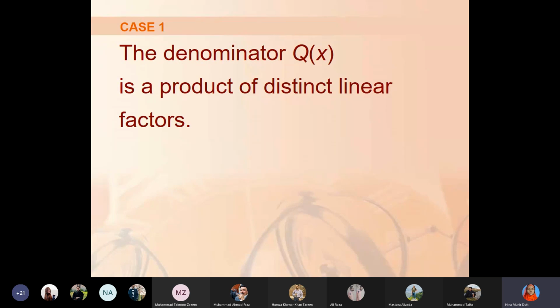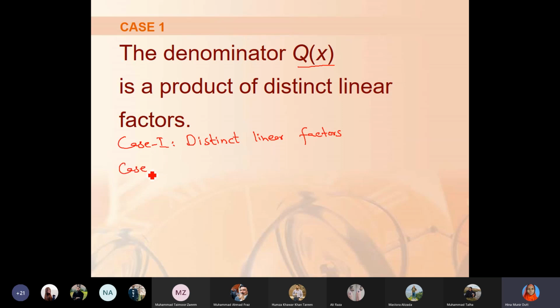So there are 4 cases of the factorization of the denominator q of x. Let me write all 4 cases of the factorization of the polynomial q of x. The first case is when I get distinct linear factors.